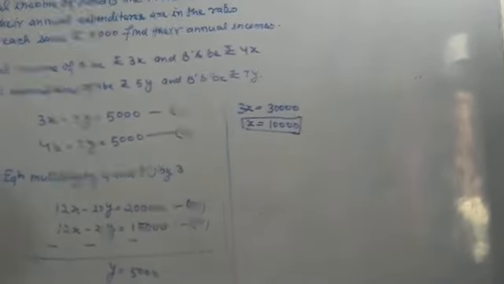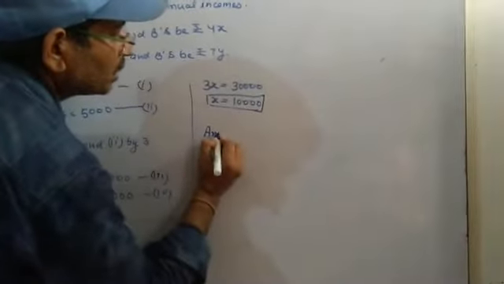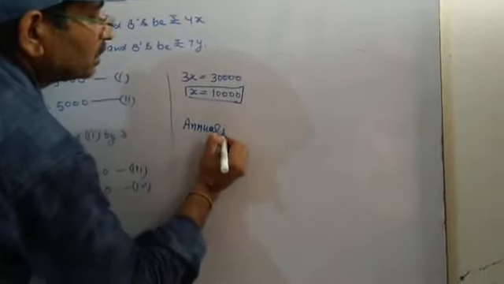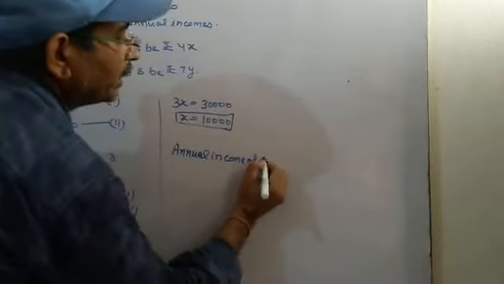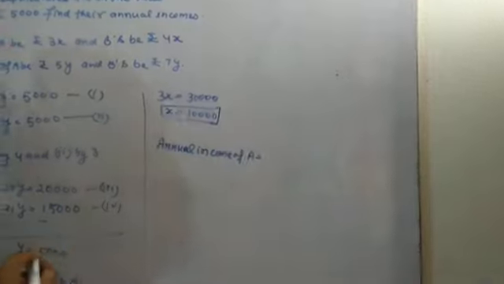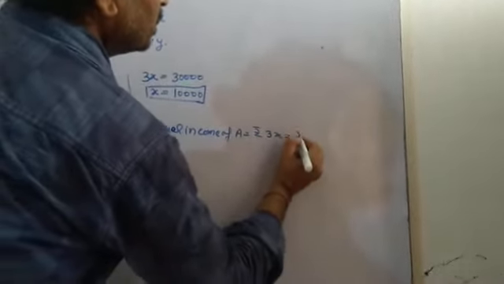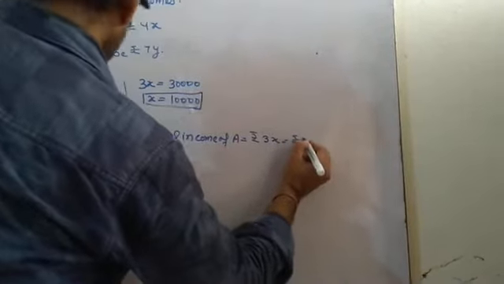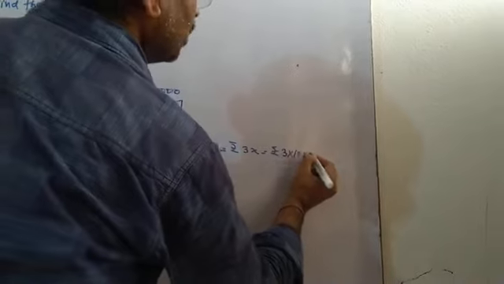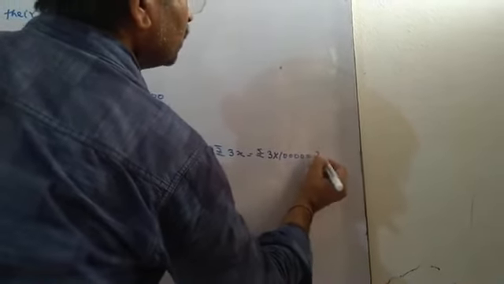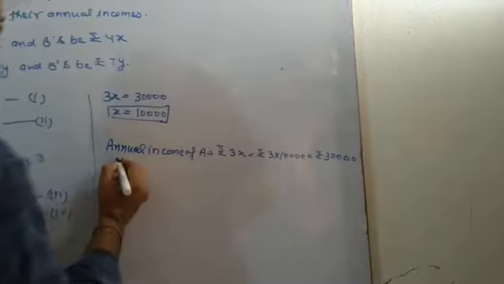Find their annual incomes. Annual income of A equal to rupees 3x, 3 into 10,000, rupees 30,000.